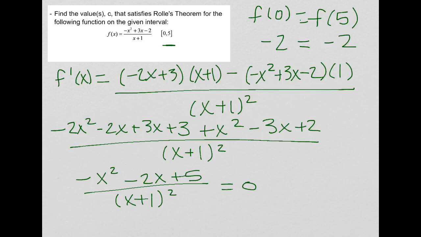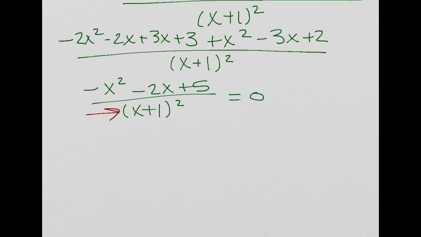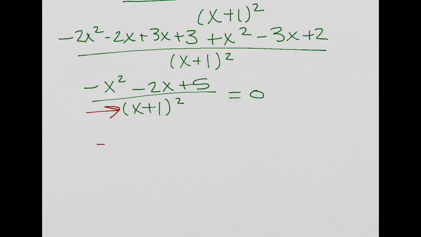Okay, so this is a rational. The reality is I don't care, if I'm looking for where the rational equals 0, I don't care about the denominator unless the value I get causes the denominator to be 0. But we already said that's going to happen at -1, and -1 is not in our interval, so we're good. So we're going to take the numerator, and we want to know, when does that equal 0?